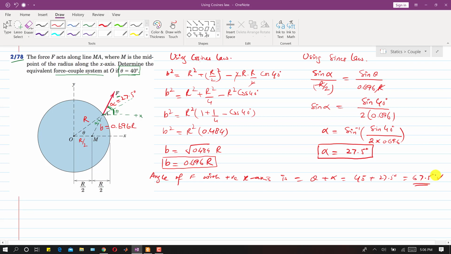So this is the angle of F with the positive x-axis, 67.5 degrees. Now if you want to replace this force by a force couple system, what will we do? So let me clear this diagram.